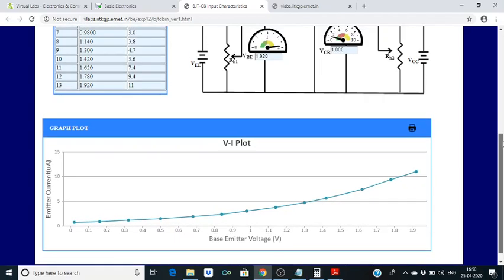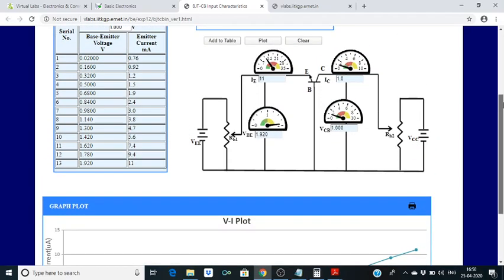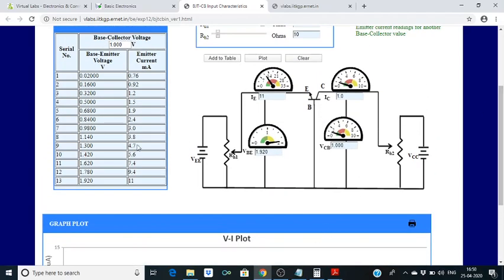Now we have to calculate the input resistance here. So let us take some range.